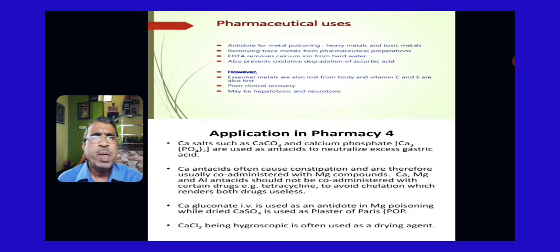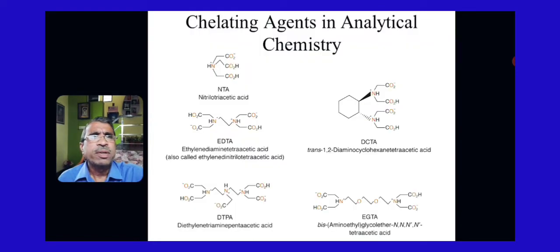Calcium, magnesium, and aluminium antacids should not be co-administered with certain drugs, for example tetracycline, to avoid chelation which renders both drugs useless. The calcium gluconate IV is used as an antidote in magnesium poisoning, while dried calcium sulfate is used as plaster of Paris. So like this, we have various applications of the chelates.